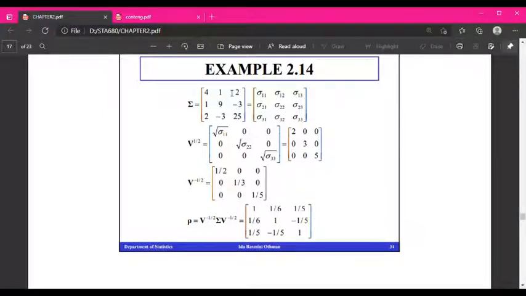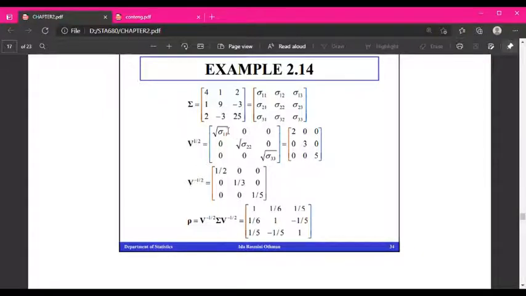Okay, and then kita punya intention kat sini nak dapatkan matrix of correlation. So using this formula, we can find the correlation matrix because we have the variance covariance matrix. From here we have the info about the variance. Okay, next kita boleh create the standard deviation matrix.